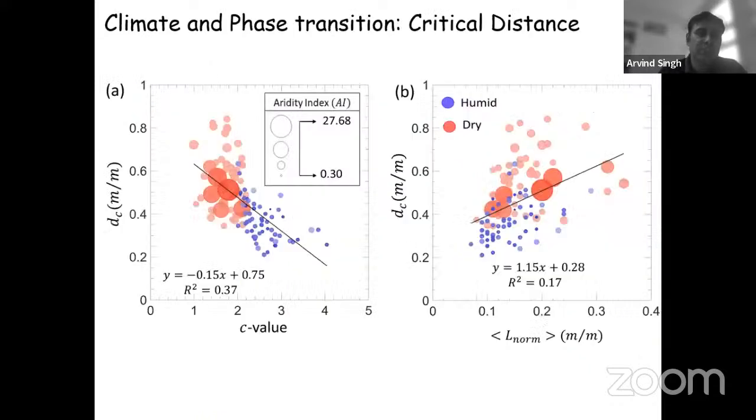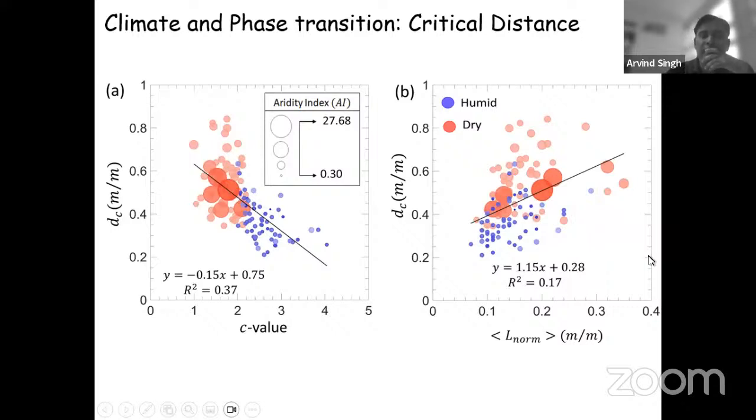So putting this information together, if we look at the distance at which the phase transition or critical phenomenon occurs, and plot that as a function of C value, what we observe is that the dry basins exhibit a larger DC as compared to the humid basins. If we plot it with the average link length of that particular network, we see that there is no clear trend between humid and dry.